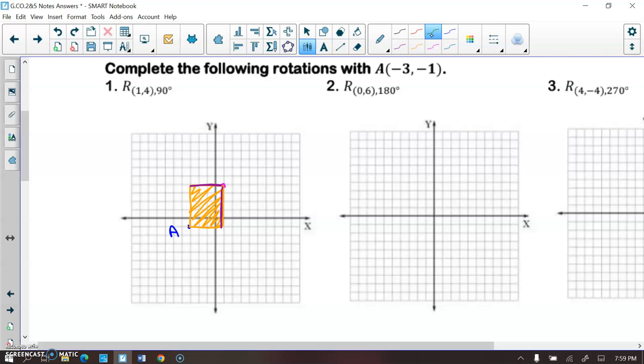So my vertical segment of 5 units is now going to become a horizontal segment of 5 units, and my horizontal line segment of 4 units is now going to become a vertical line segment of 4 units. And then I'm just going to finish off my box. So point A, rotated 90 degrees, is now going to be here.